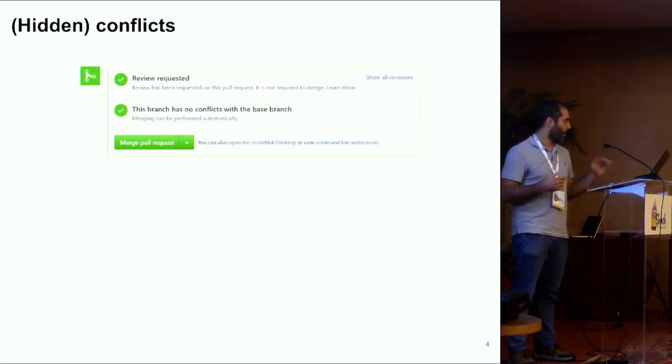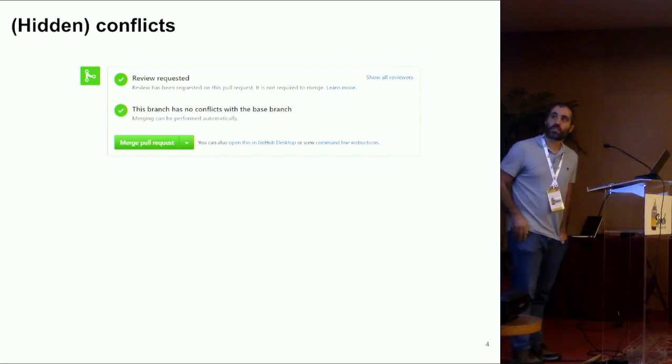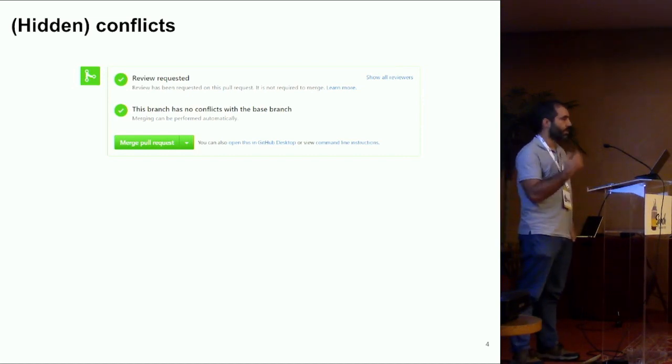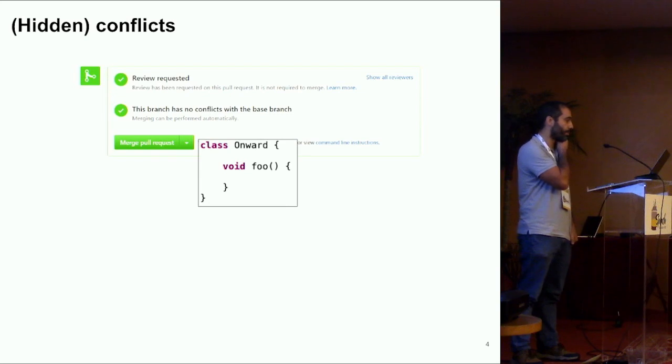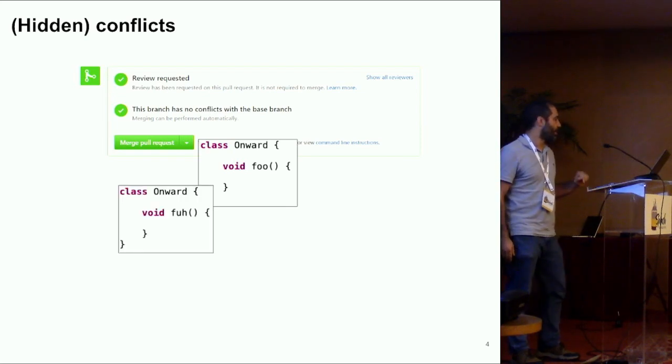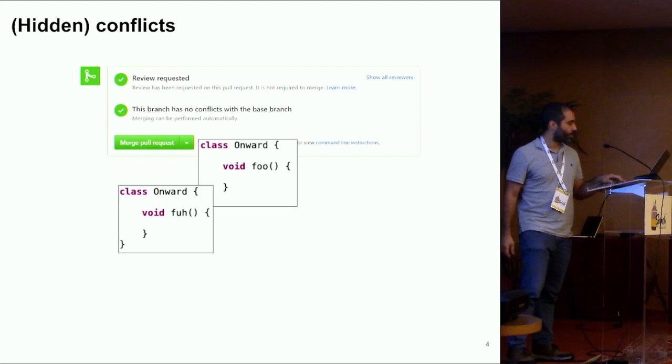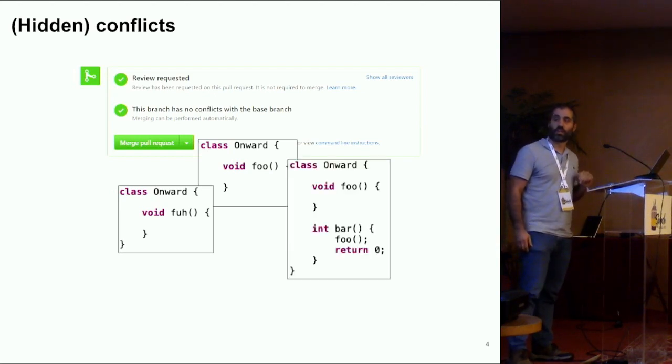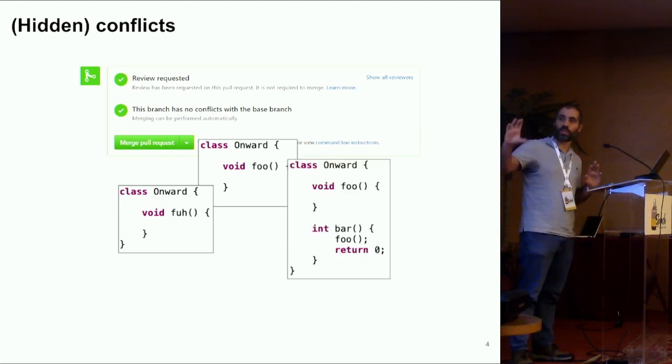On the other hand, we might have a message saying, okay, yes, you can merge, but this doesn't come free from problems. Let me give another foobar example. Let's say this is our base class, and then the left branch renames the method foo. The right one doesn't touch foo, but adds another method in a different text region.